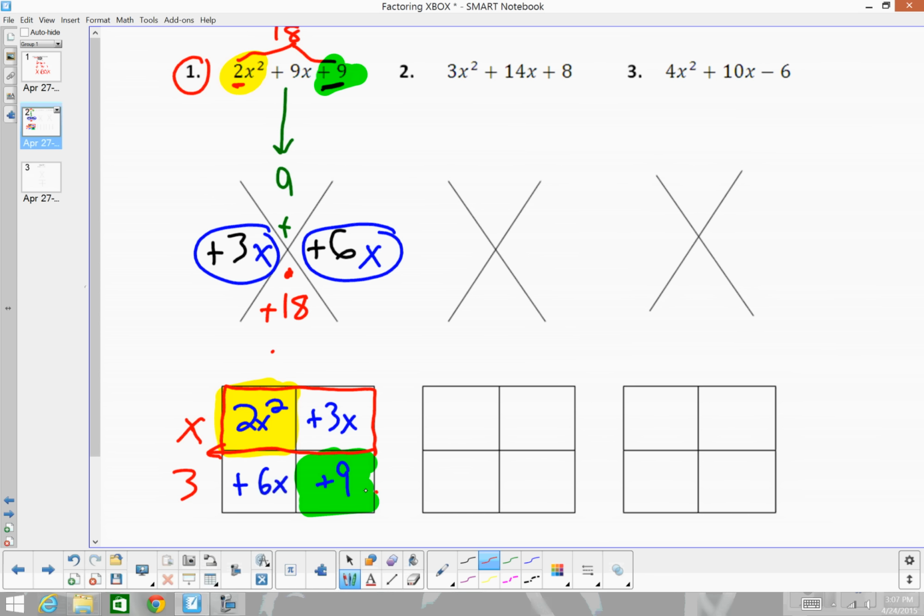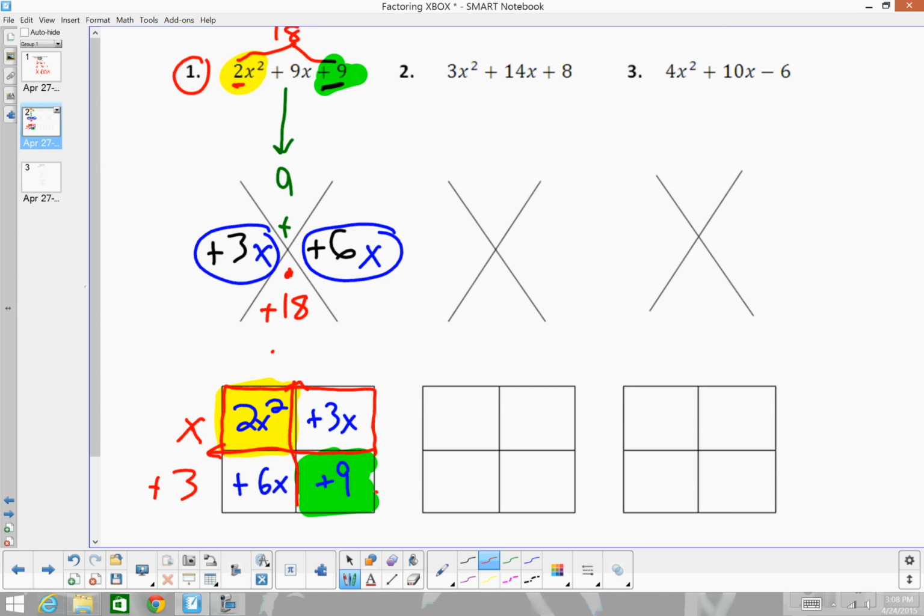That's like saying if I had $9 in my right pocket and $9 and a quarter in my left pocket, I can't pull out any quarters from my right pocket because I don't have them. So my GCF, or what I pulled out here, is just going to be 3. And as I said, always take the sign that's touching, and that sign is positive. Good. So now, I want to go vertically.